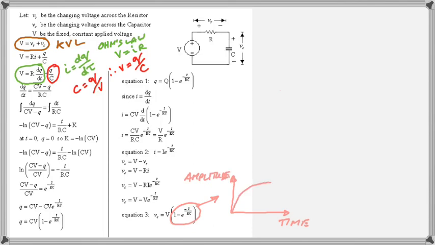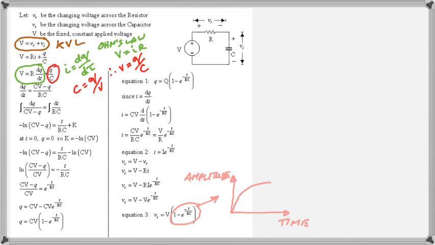Now I took the time and trouble to analyze this term for you because as you can see we have 1 minus e raised to minus t over RC. By it coming out in that way, that term actually increases over time.